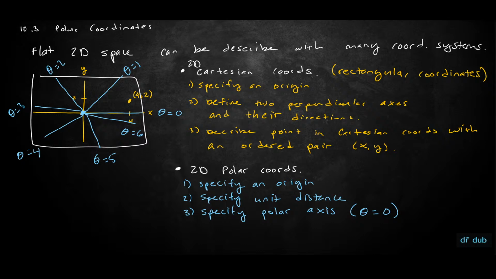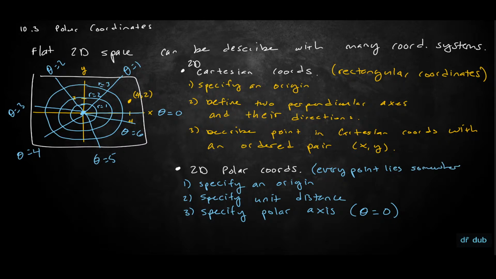And then for r, we have distances away from the origin: r equals 1, r equals 2, etc. So in 2D polar coordinates, every point lies somewhere on a circle.